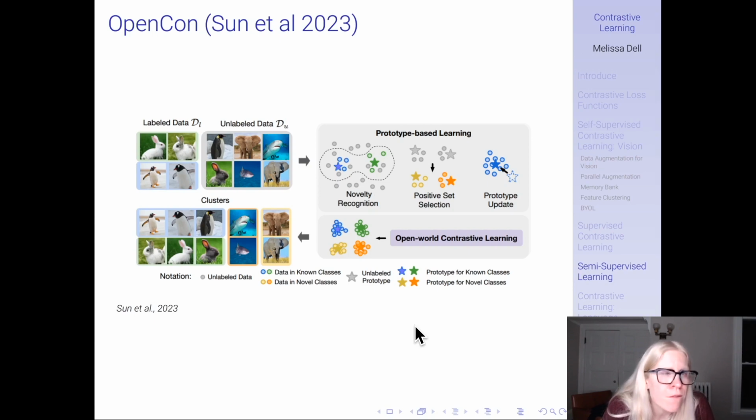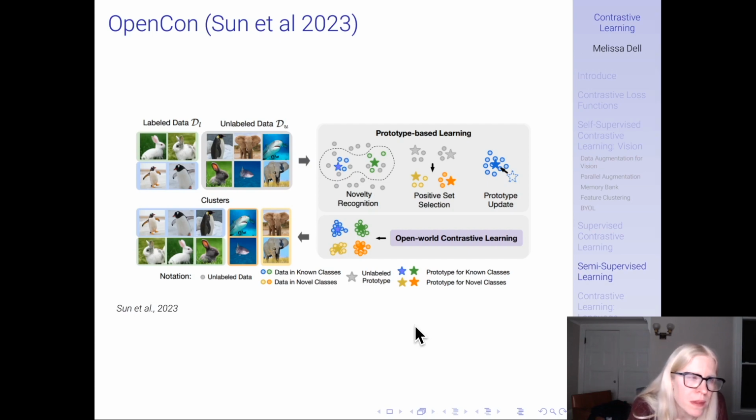First of all, it does what's called prototype-based learning. You take your data and you have these prototypes, which at the first step come from your labeled data, and you do clustering. And based on that clustering, you can update the prototype.